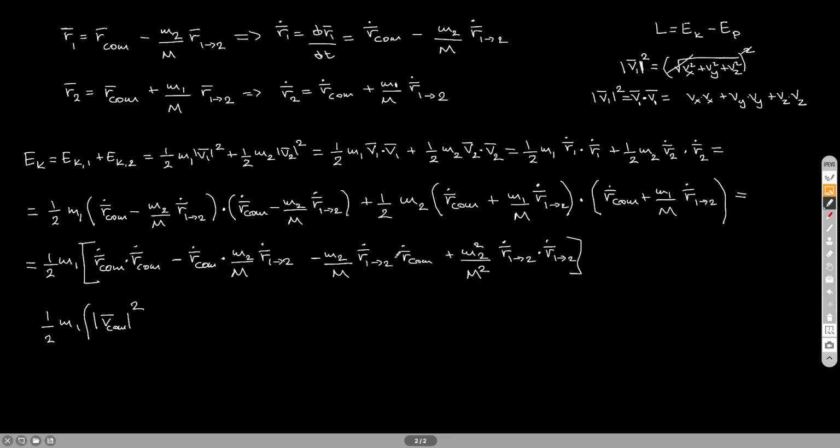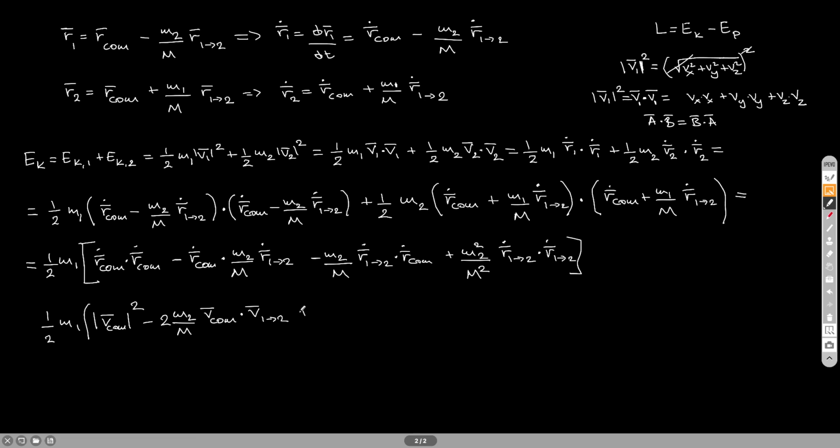But an important property of dot products is that A dot B is equal to B dot A. So whether you have the velocity of the COM dot product with the time derivative of the relative position vector or the other way around, it's going to give you the same result. So this is equal to minus 2 m2 over M. This is V of COM dot product with V from 1 to 2.